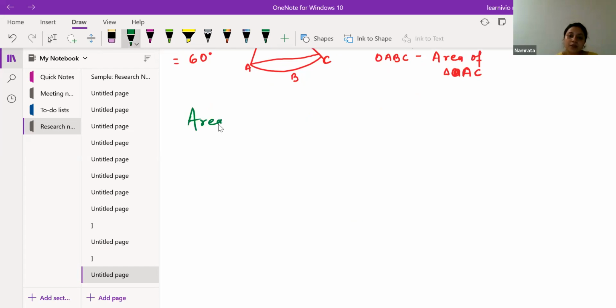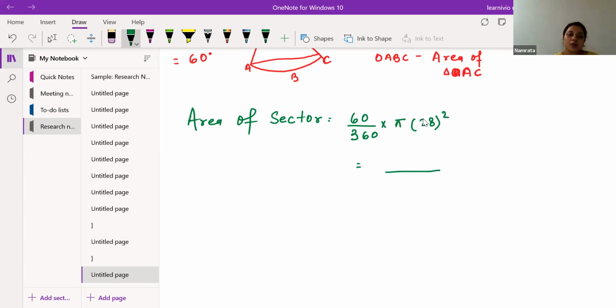Theta, that is 60 by 360 times pi r square. R is 28. This will give us the area of the sector.